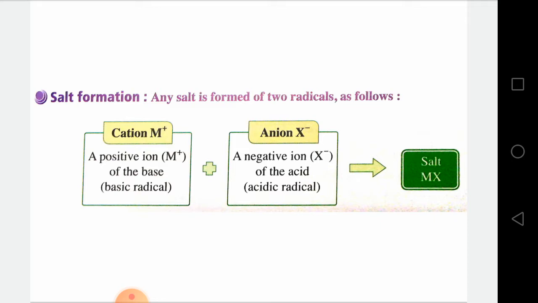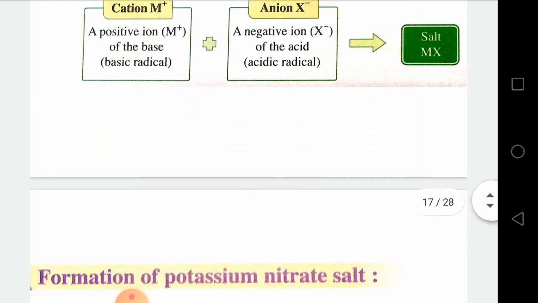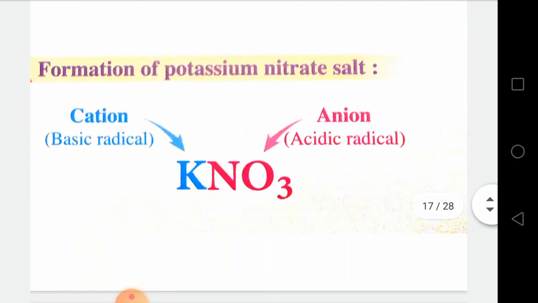So one radical of the salt comes from the base and the second radical comes from the acid. For example, this salt is called potassium nitrate.